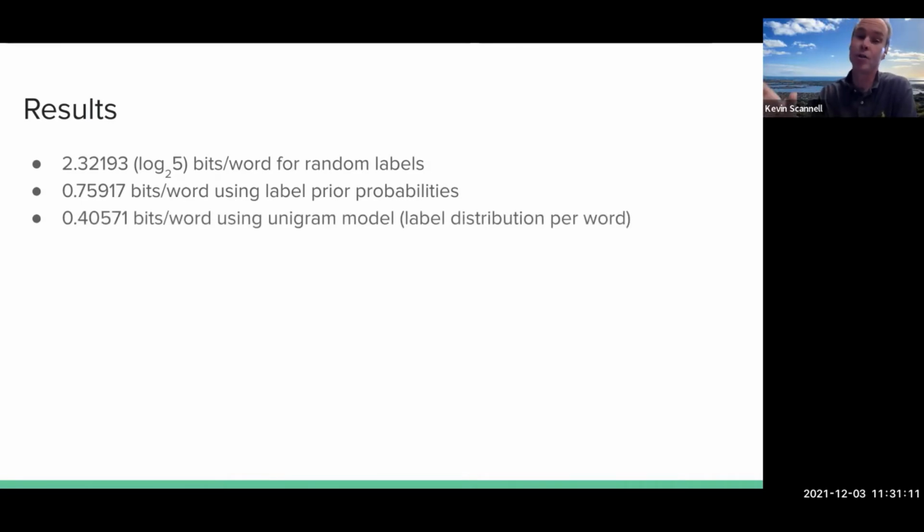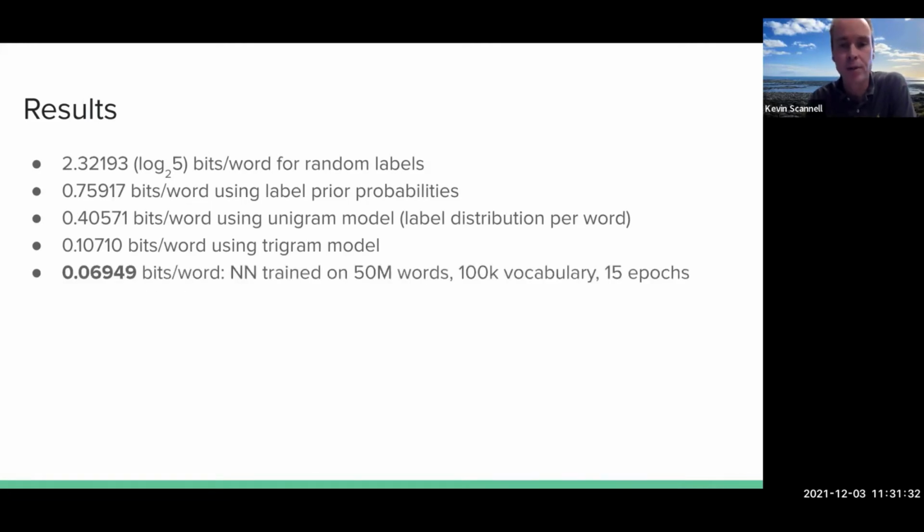If I just look at individual words and look historically in the corpus at how often they are mutated, and I use that label distribution per word, I can do slightly better. A trigram model that just considers the 2 preceding words and doesn't consider letters at all does quite well, closer to 0.1.